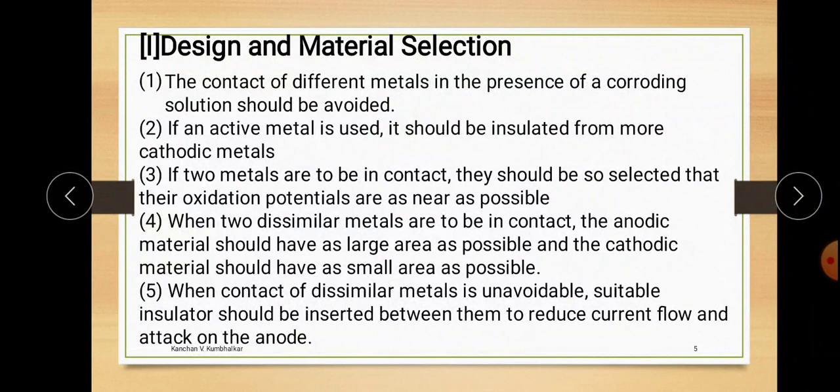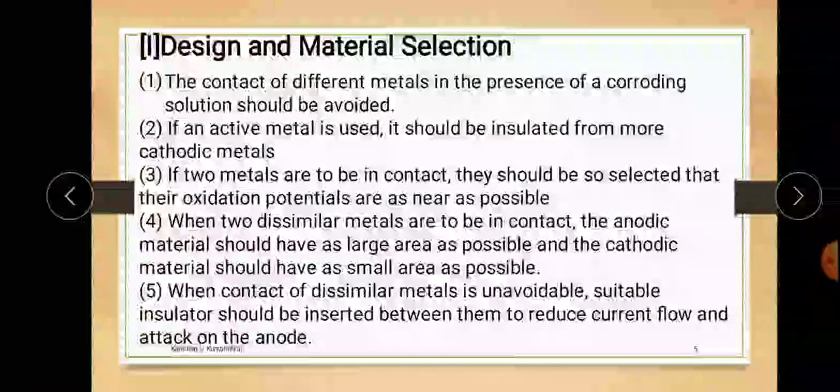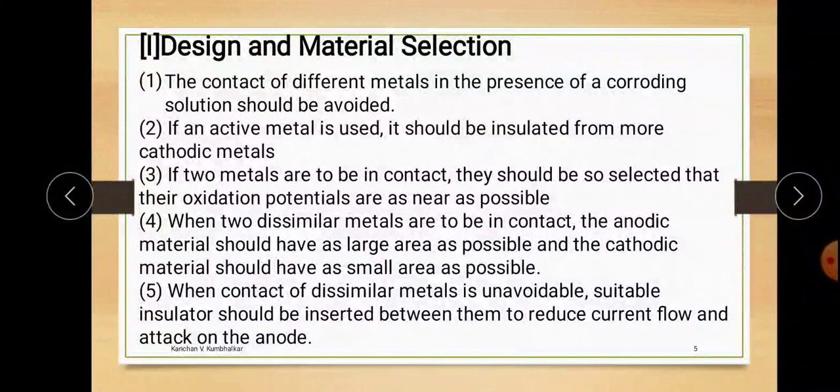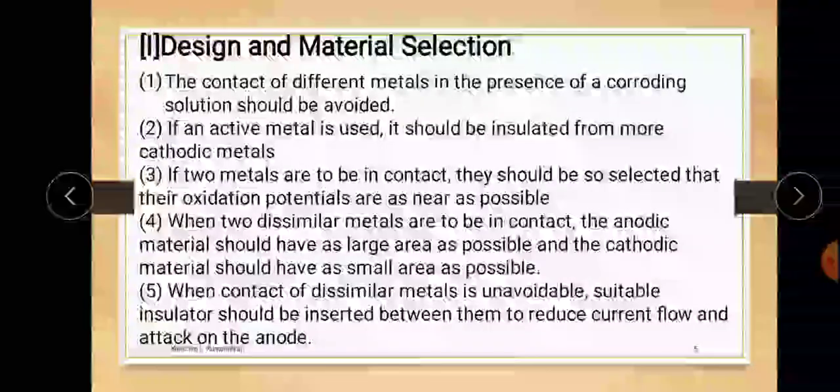If it is possible, if you want to form a mechanical part of some machine, and if it is possible to use only one type of metal, then use only one type of metal, due to which there is no formation of anode and cathode on the basis of the electrochemical series. Hence the corrosion is minimized there.